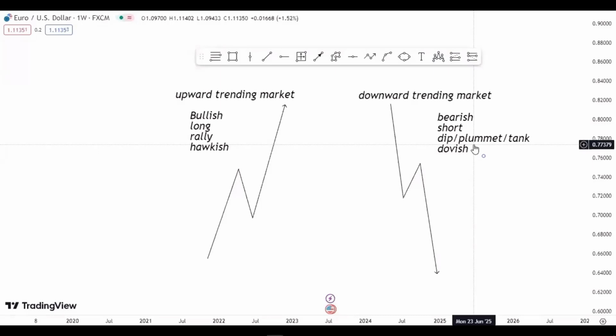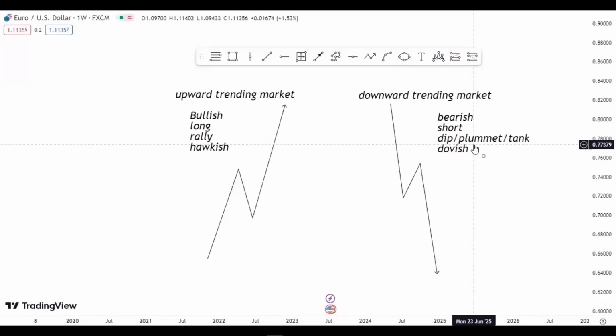At some point, that will sound extremely boring. So they throw in these other words just to keep the discussion lively. So instead of repeatedly saying bearish, they might say short, say dip, say plummet, say tank, say dovish. You understand?